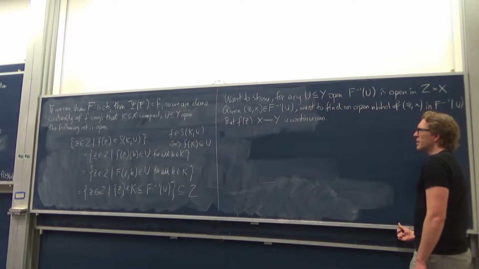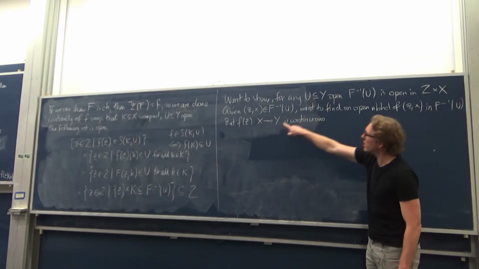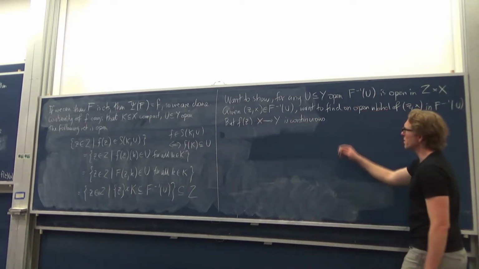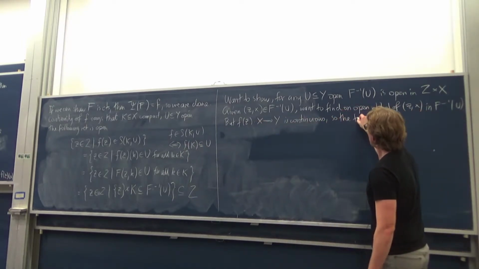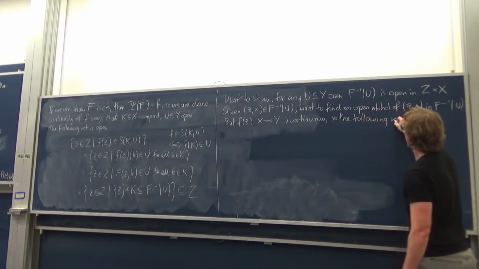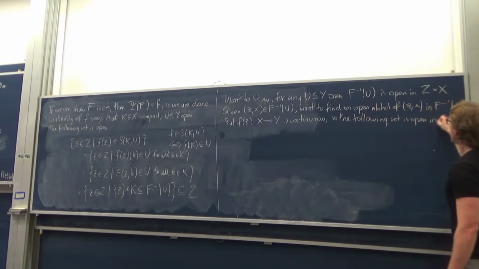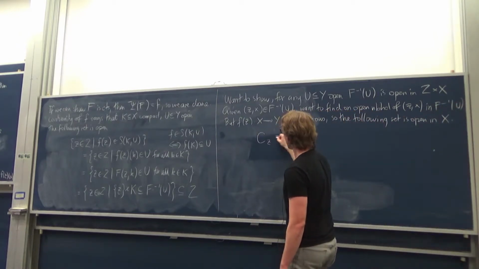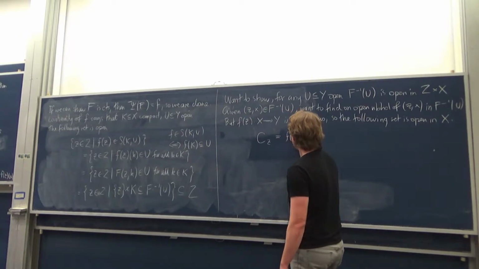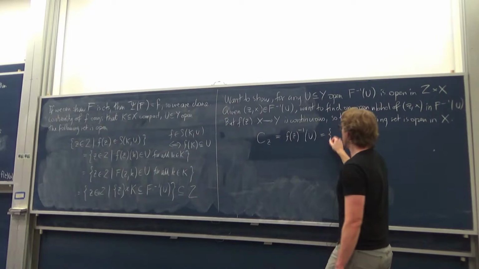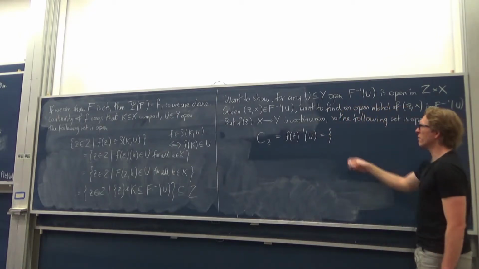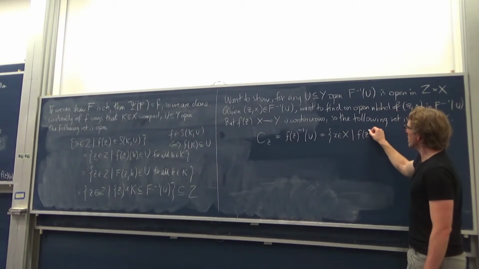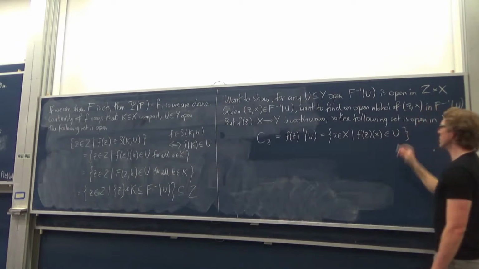If I apply f to that particular z, I get a continuous map, and then I can take the pre-image under that map of U. It's clearly got something to do with this, so that's a reasonable thing to do. Let's call that C_z, which is f(z) inverse of U, but that's a bit confusing to write, so let's write it out explicitly: all the x's in X such that f(z)(x) is contained in U.